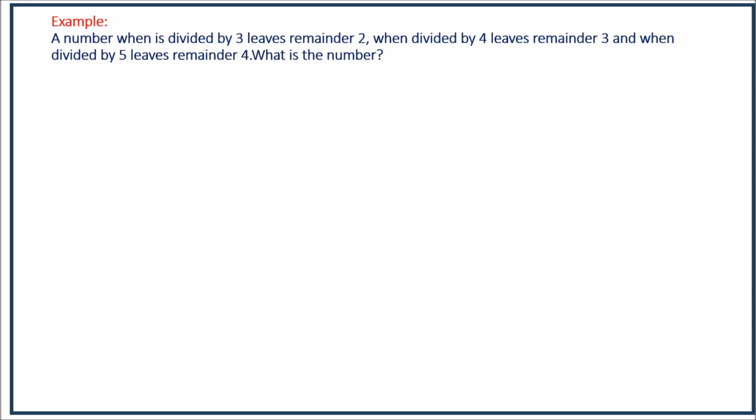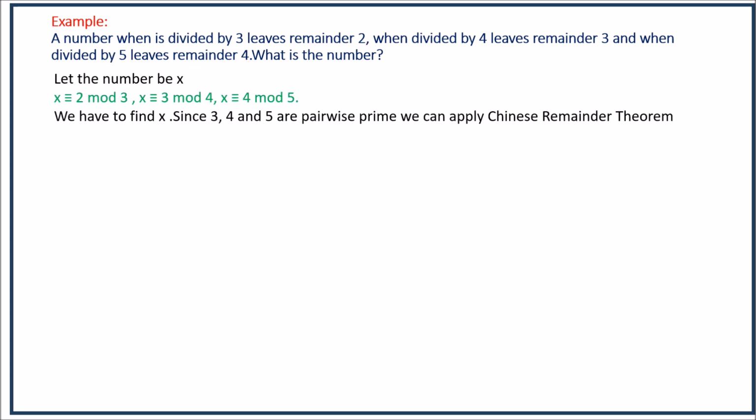Now a question: a number when divided by 3 leaves remainder 2, when divided by 4 leaves remainder 3, and when divided by 5 leaves remainder 4. What's the number? So it is given in the word problem, so we'll frame the equations. Let the number be x, and x is congruent to 2 modulo 3.